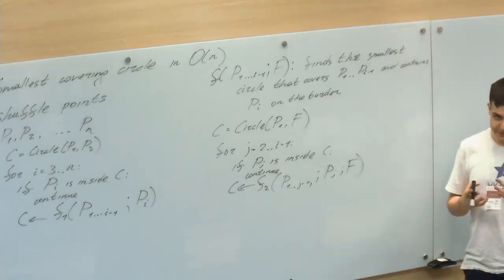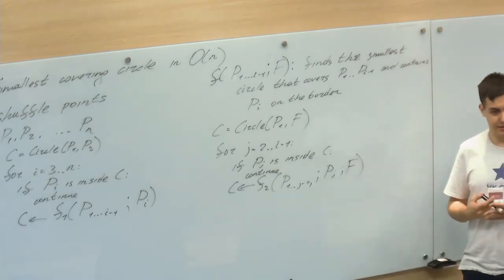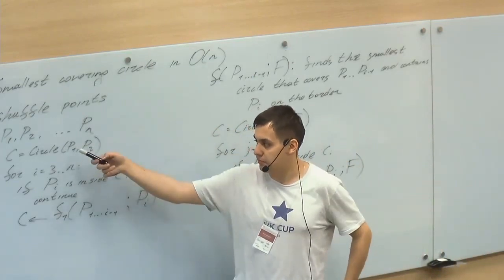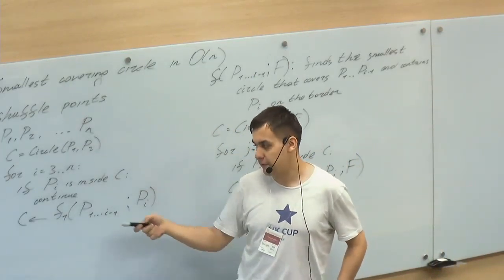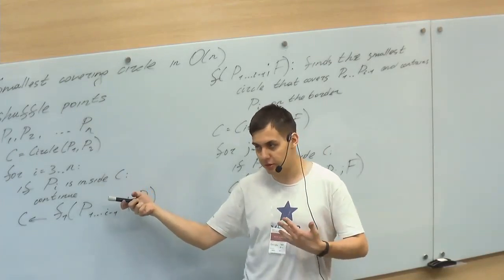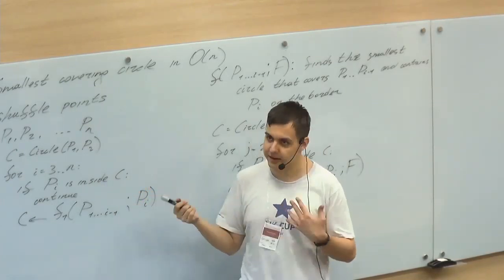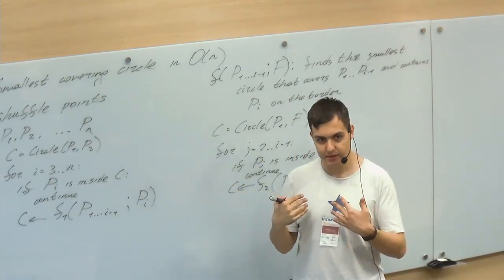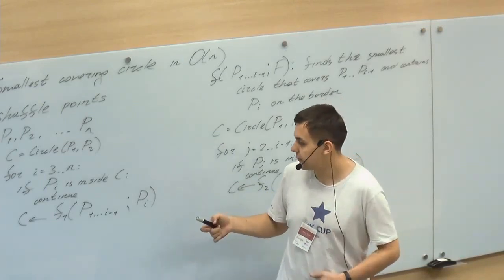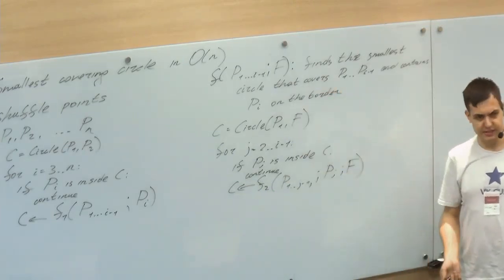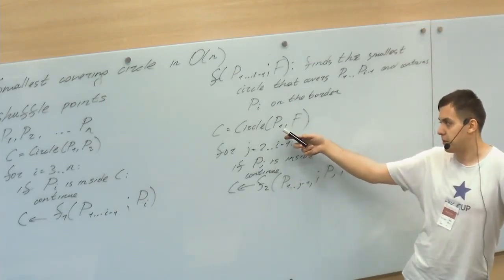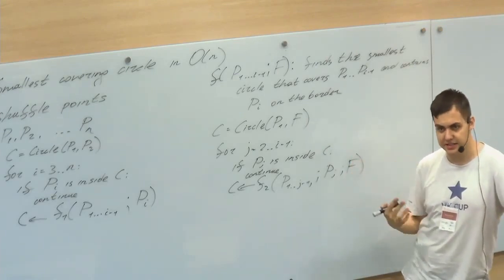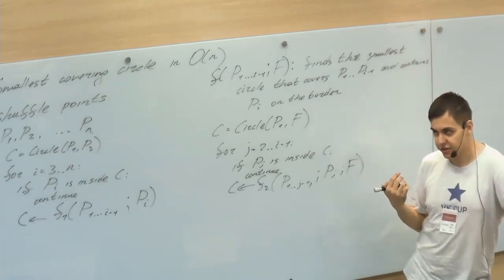The only thing that's left is to prove that this is linear complexity. First of all, we shuffle all the points, then we build the circle on the first 2 points. If we find a point outside of this circle, then we rebuild. We try to find the circle where the point that violated this condition is on the border of the circle. Then this function is similar: we build a circle on the first point and this point that must necessarily be on the edge.